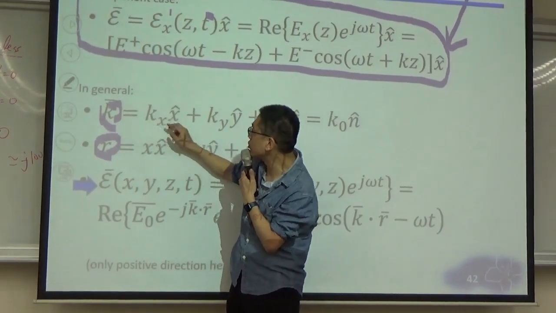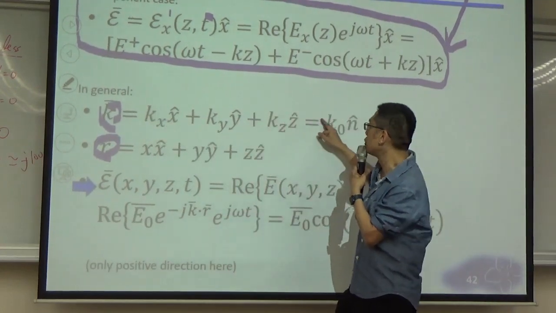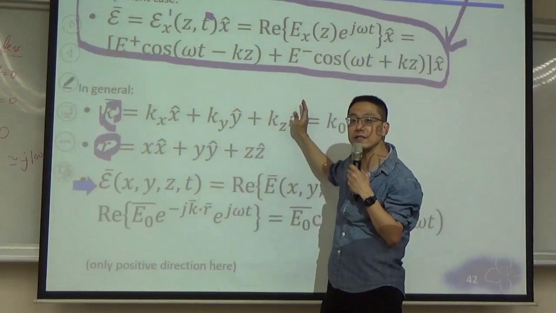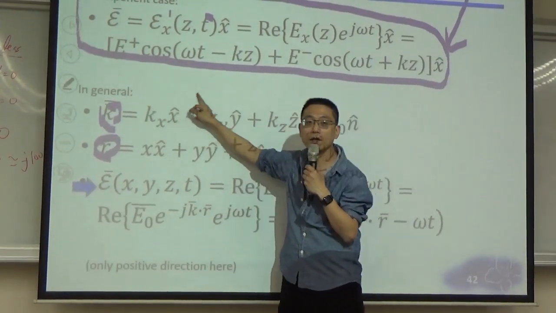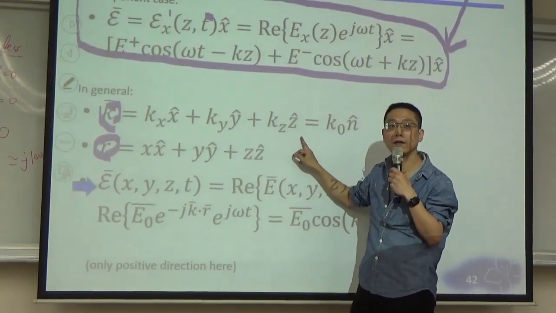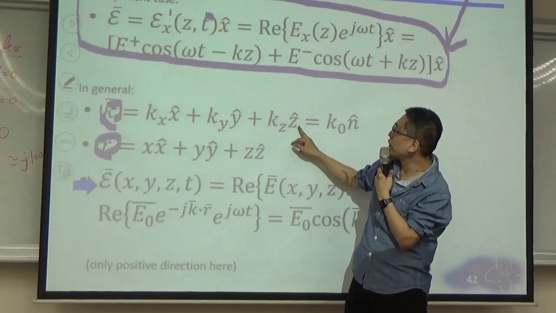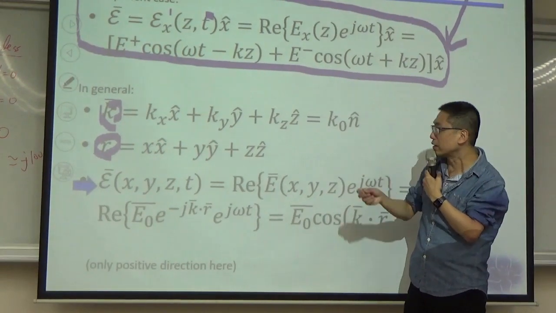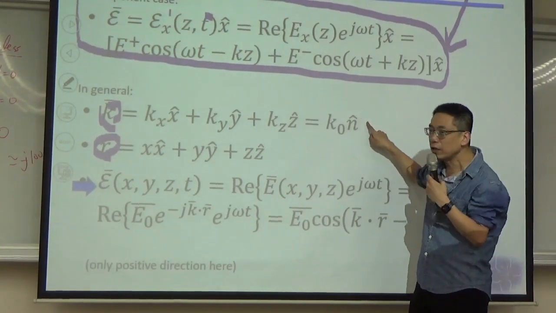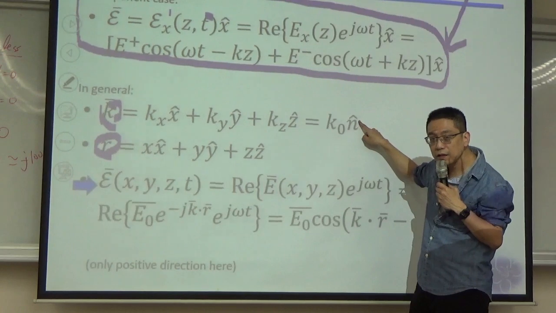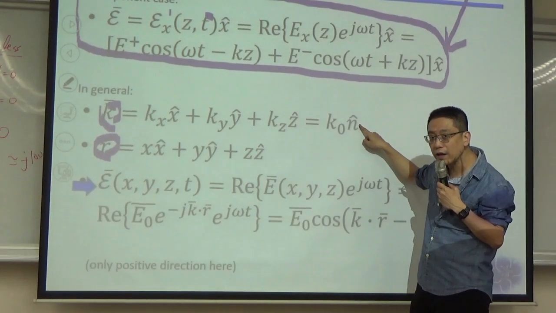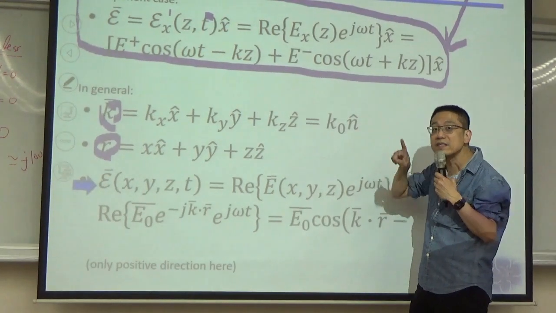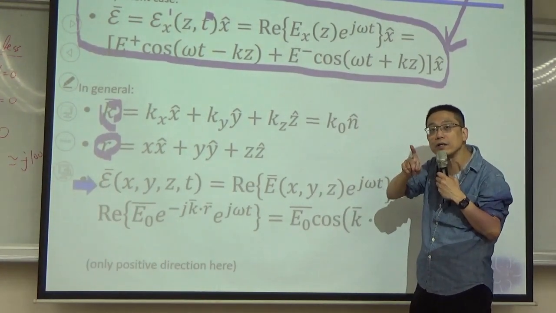Your K is a combination of three directions, the x, y, z components of K, and you can combine them together and give it another new unit vector n. We don't know where the direction of n is. n is a general direction.